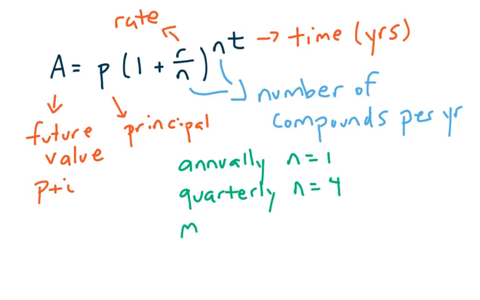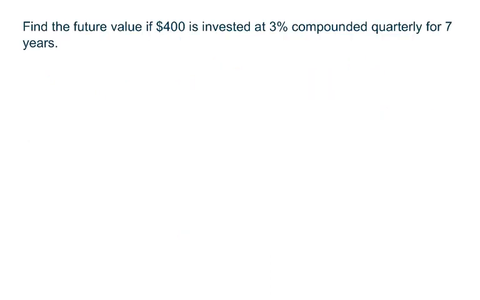And if our interest is going to be compounded monthly, then that means it's going to be compounded 12 times a year, so N is going to be 12. Those 3 values for N are the ones we're definitely going to use most often, so make sure you're comfortable with those. Now let's look at an example.